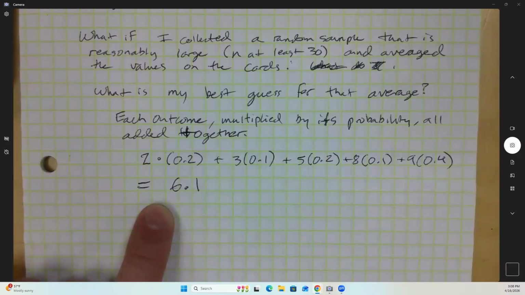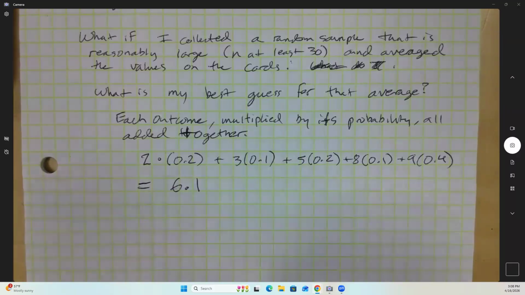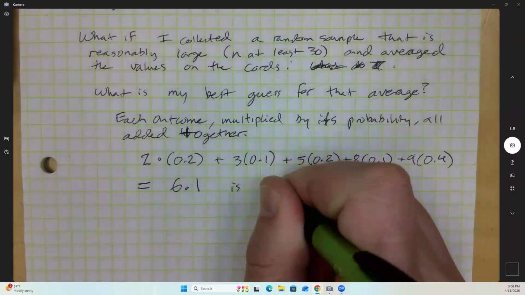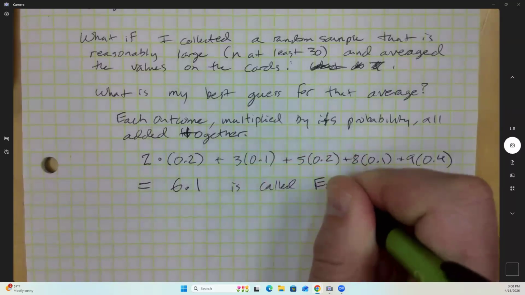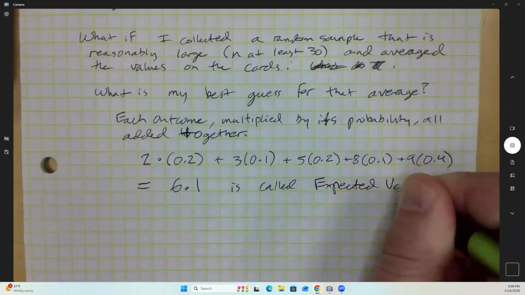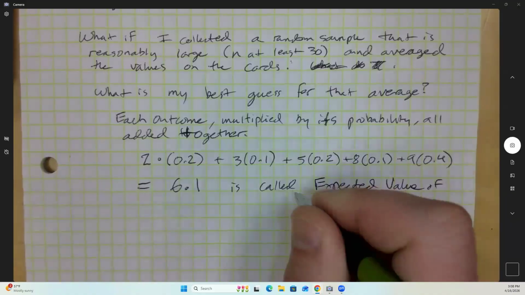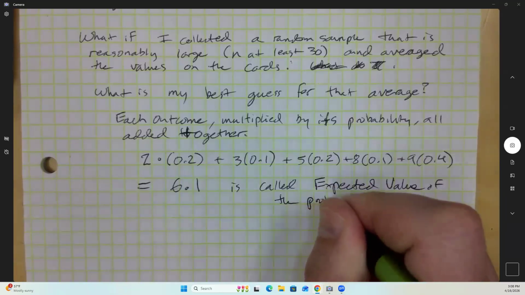The name we give to this number when we're talking about probability distributions, we call it the expected value of the probability distribution.